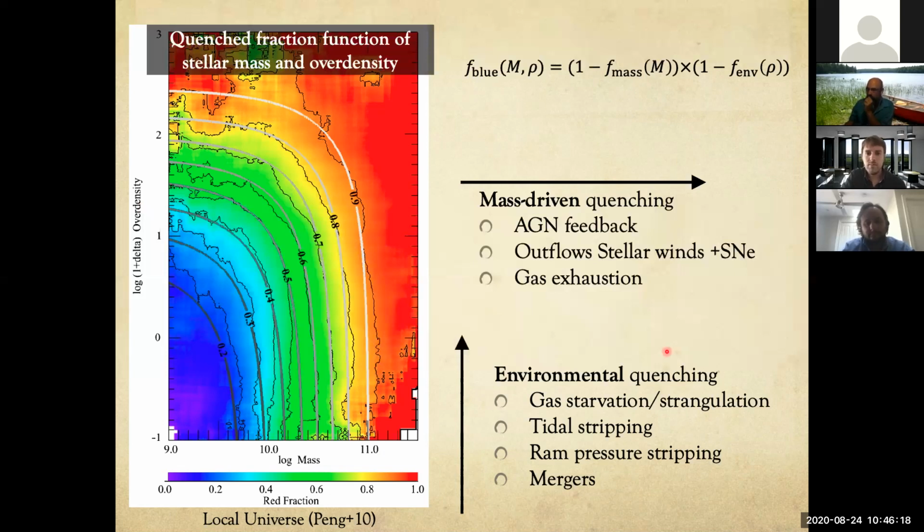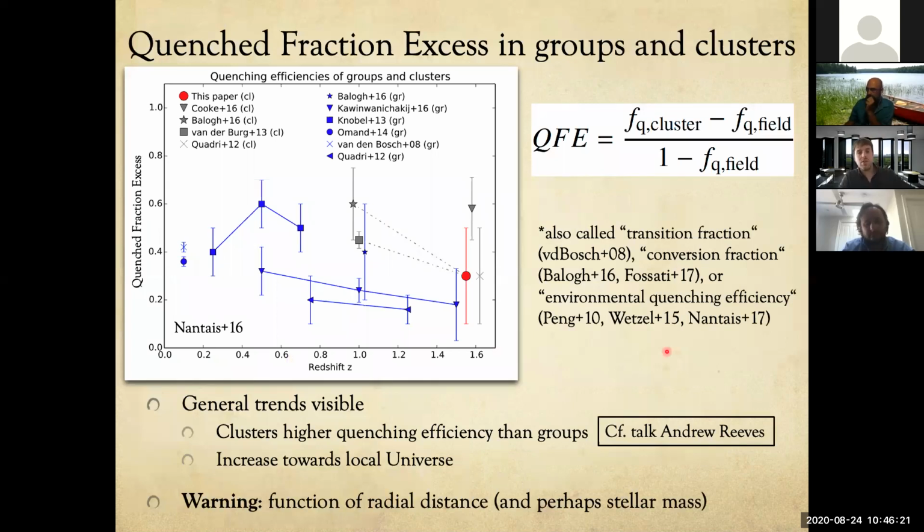Now we can go out to clusters and groups and see how this excess quenching depends on redshift, for instance, and on the different halo masses. So here's a comparison between clusters and groups. Groups here in blue, clusters in gray.